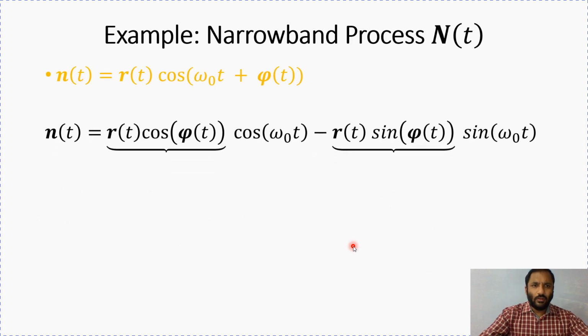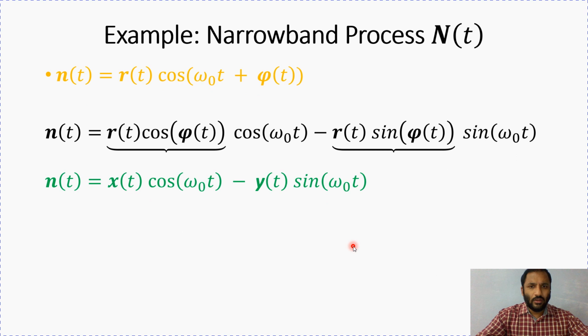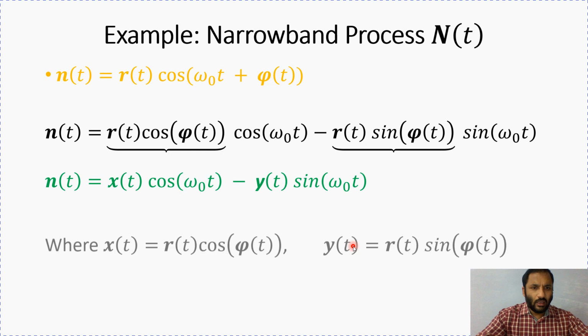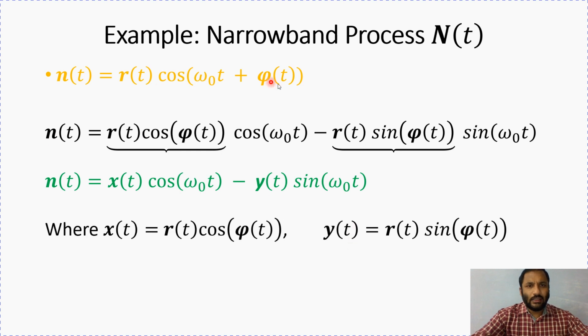So now we come to expanding this cosine as cos of theta 1 plus theta 2. We can derive a much more useful form of this process, which is very commonly used in analog communications, and such an equation is much more useful than what we have seen before. If I expand this cosine, and club r of t and cosine of phi of t as another process x of t, I have the following form.